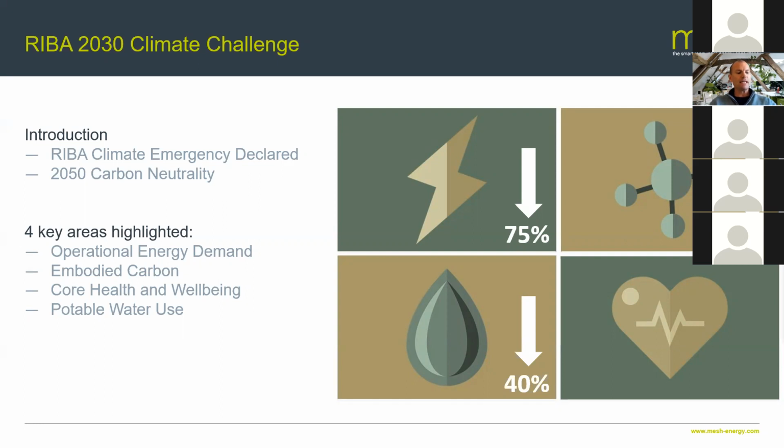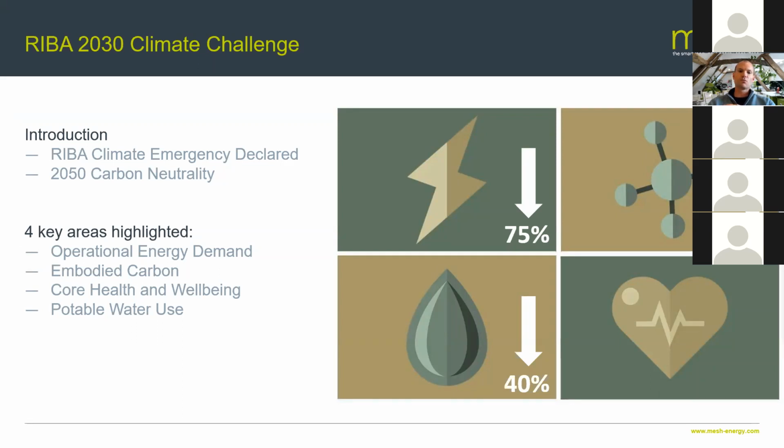And the RIBA came up with this voluntary 4-module framework to help design teams, and specifically architects, navigate more holistic building design and give you targets to hit by the end of the decade to get you on that road to 2040, 2050, net zero carbon.